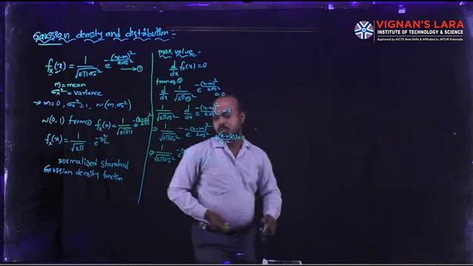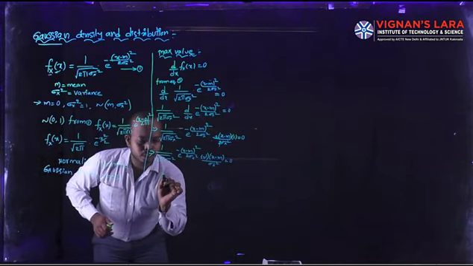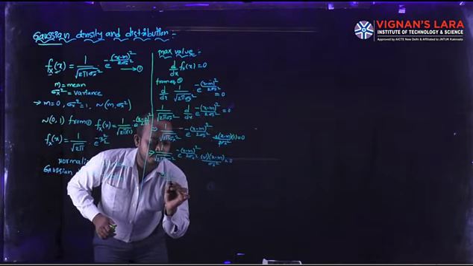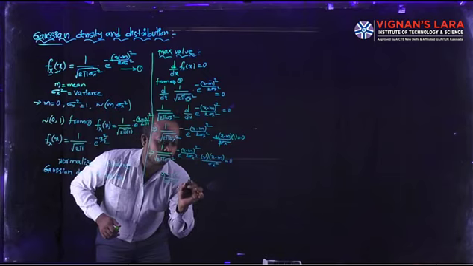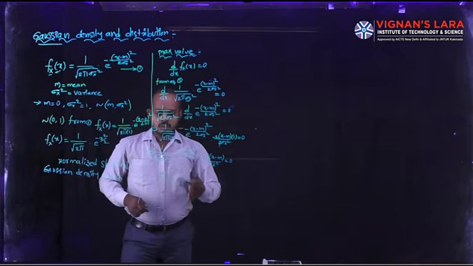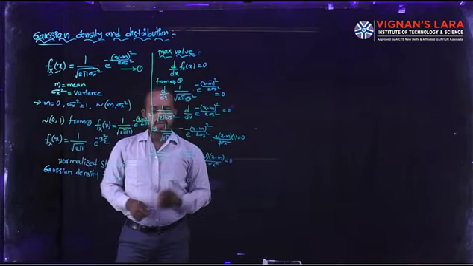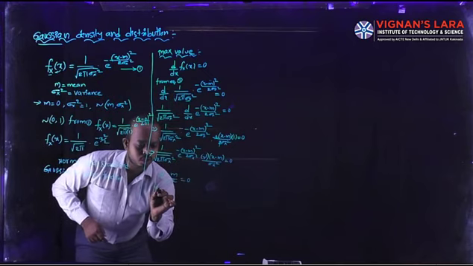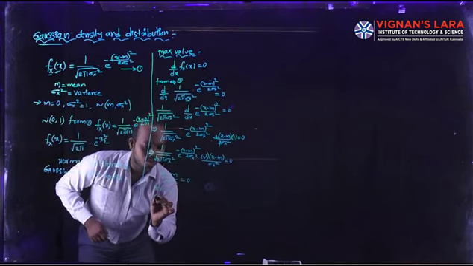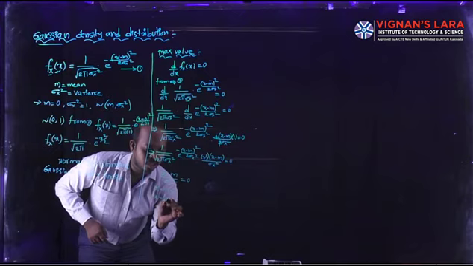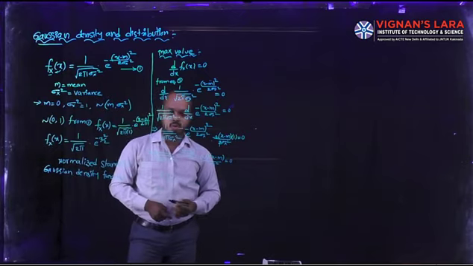Then the equation is x minus m divided by sigma x square is equal to 0. Moving sigma x square to the right hand side, x minus m is equal to 0. From this equation, x is equal to m.